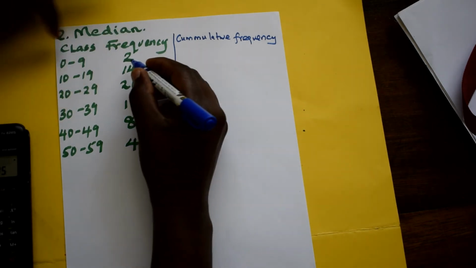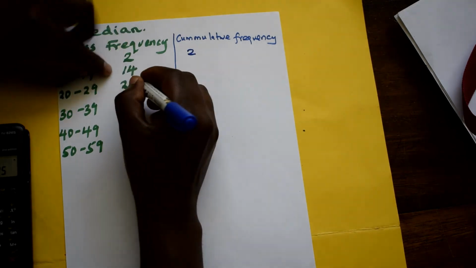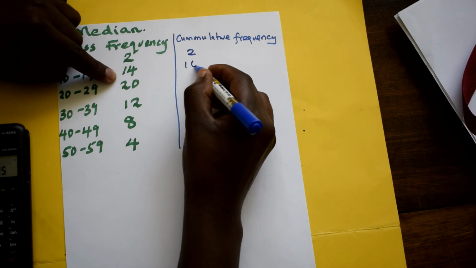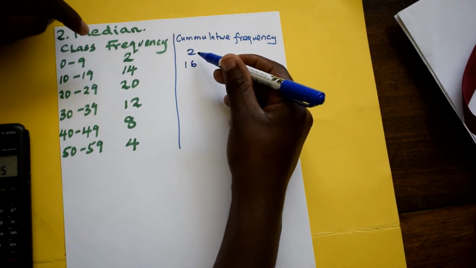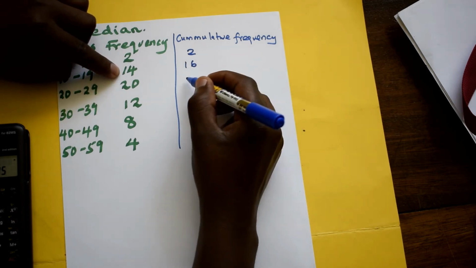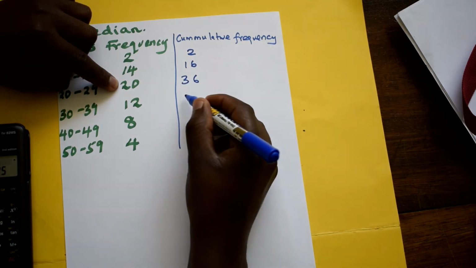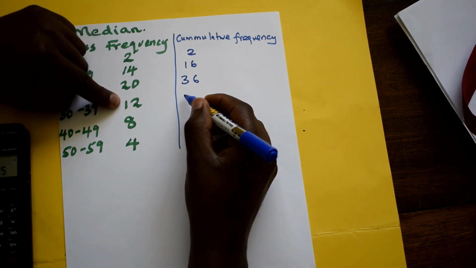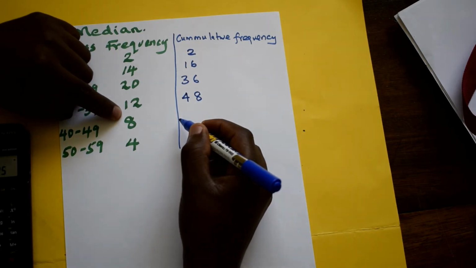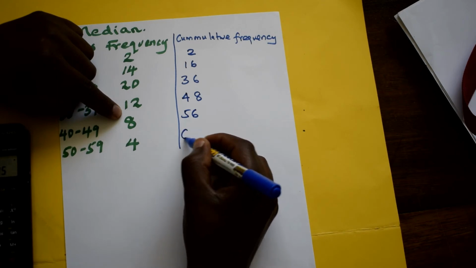The first class has 2. Then we have 2 plus 14, which is 16. Then 16 plus 20 gives us 36. Then 36 plus 12 gives us 48. 48 plus 8 gives us 56. And then we get 60.